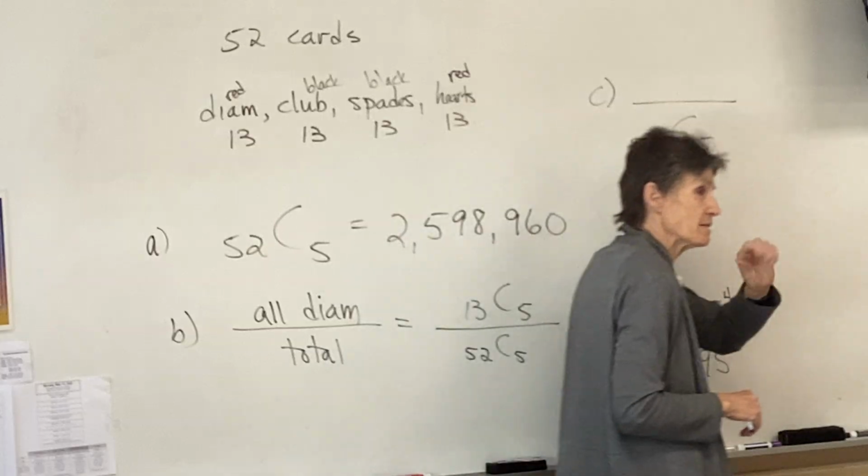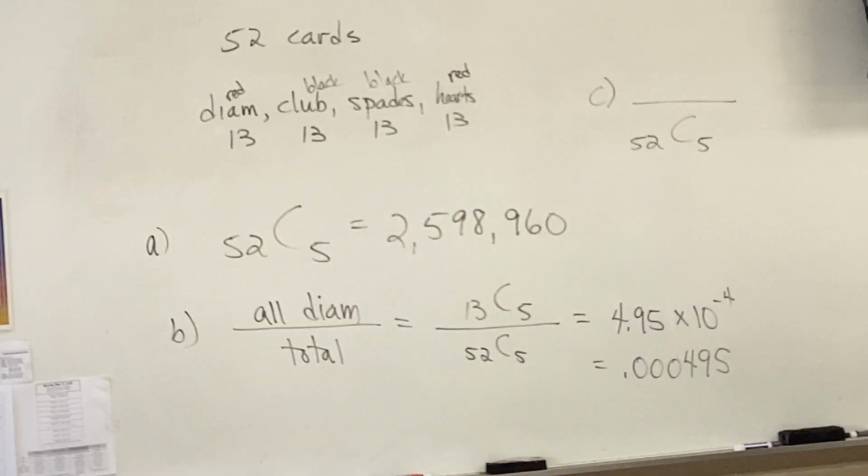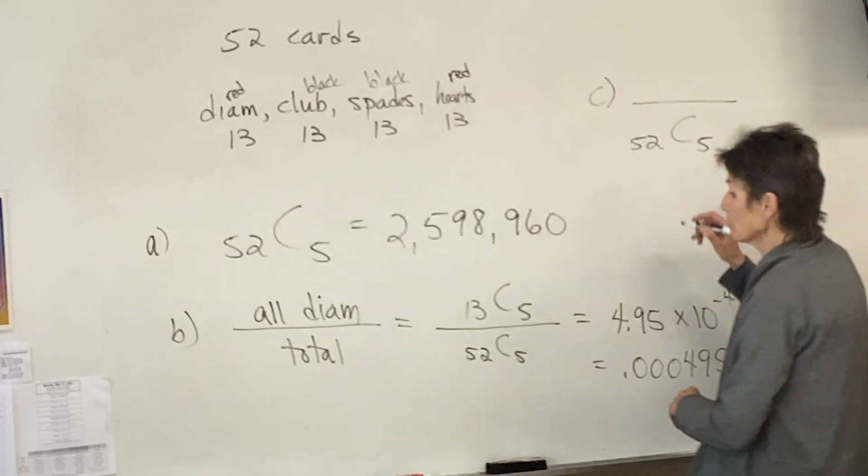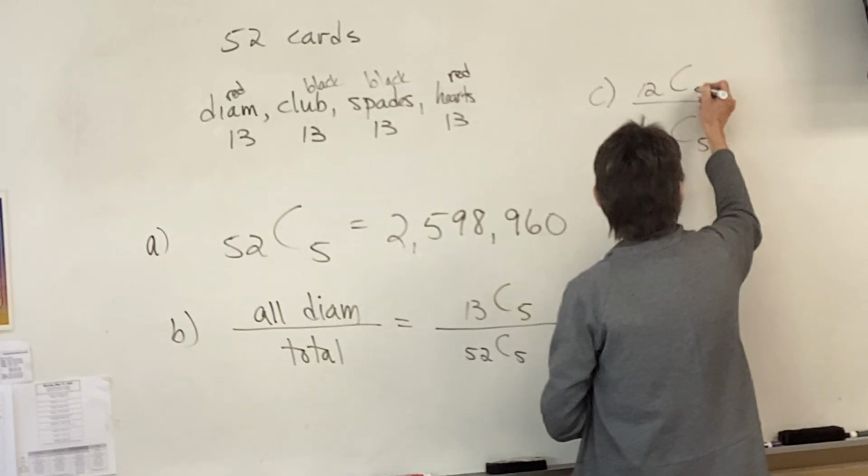Now I want all face cards. So I've separated my deck. Here's my pile of face cards. How many face cards are there? 12. 3 in each suit. So your numerator is 12C5.